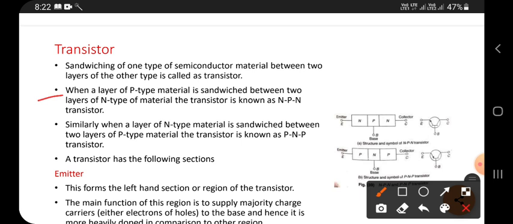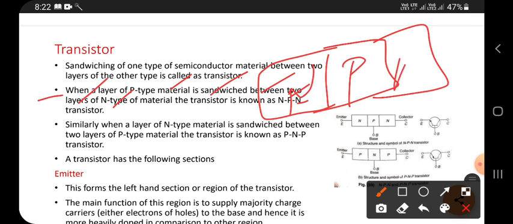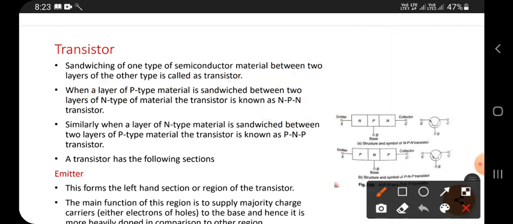When a layer of p type material is sandwiched between two layers of n type material, so this side one layer, this side another layer, then it forms an npn transistor.